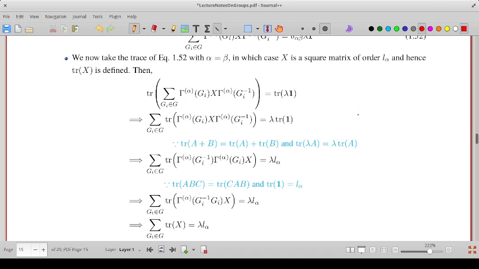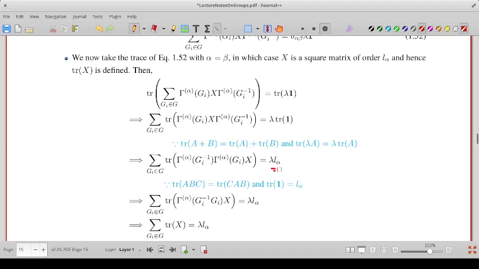Remember, the trace of a matrix is the sum of the diagonal elements of the matrix, and for an identity matrix the diagonal elements will all be 1, and there will be L alpha such diagonal elements in an L alpha by L alpha matrix, and therefore the trace of the identity matrix of order L alpha is simply L alpha.